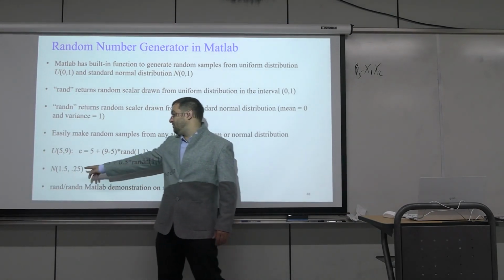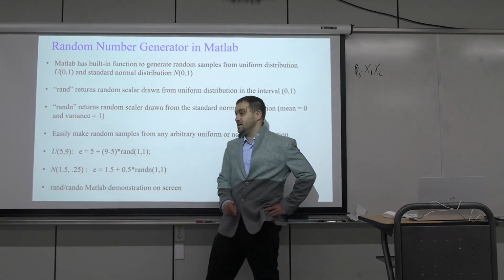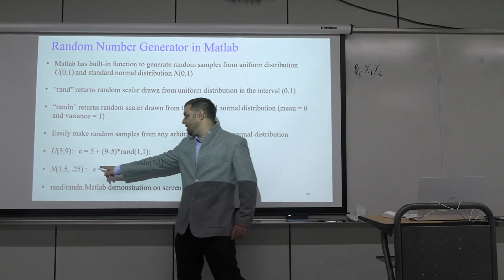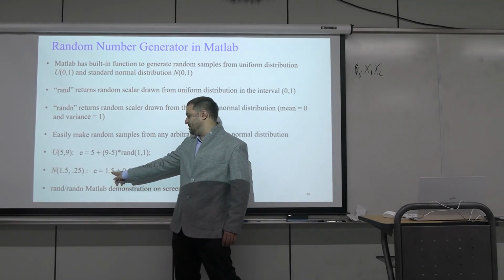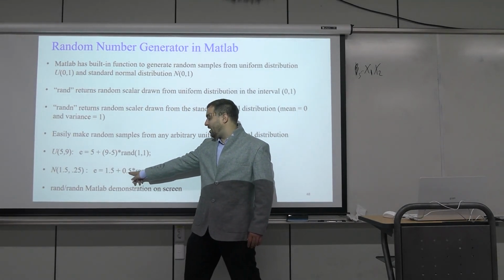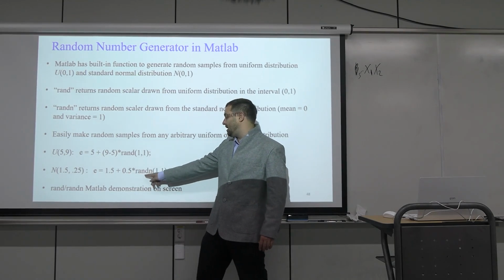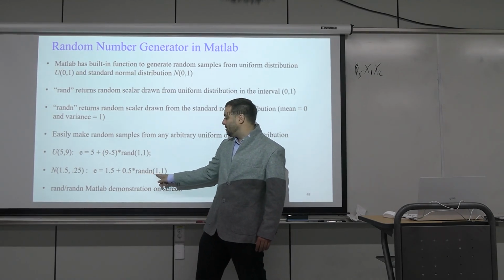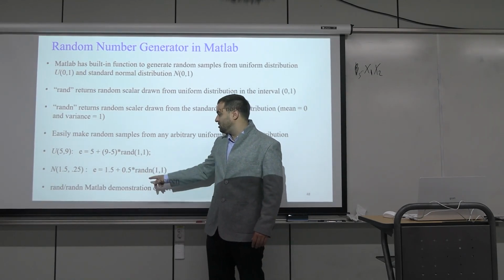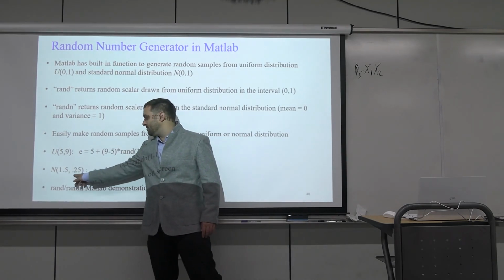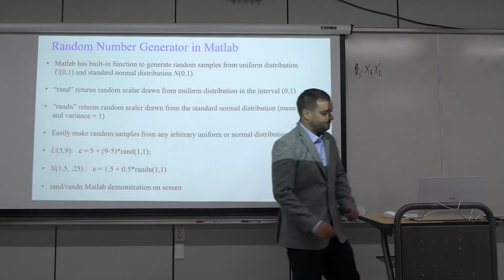If the variance is 0.25, the standard deviation is 0.5. So here we have E equals 1.5, the mean value, plus 0.5, which is the standard deviation, times randn(1,1). This will return a random sample from this normal distribution.